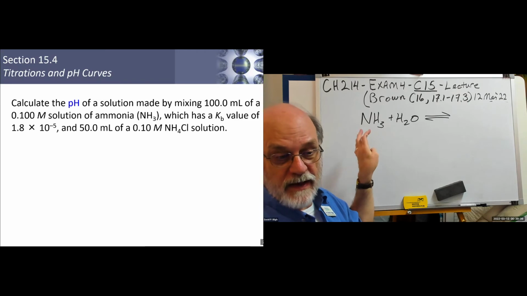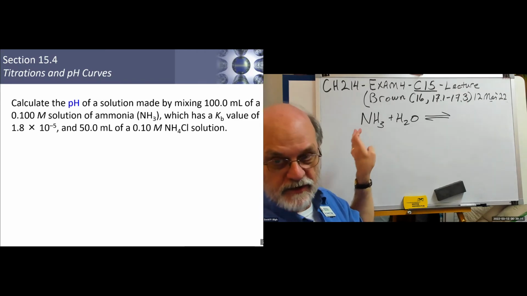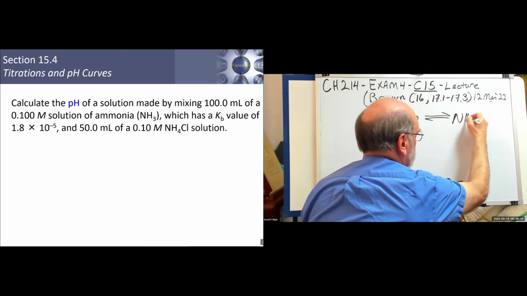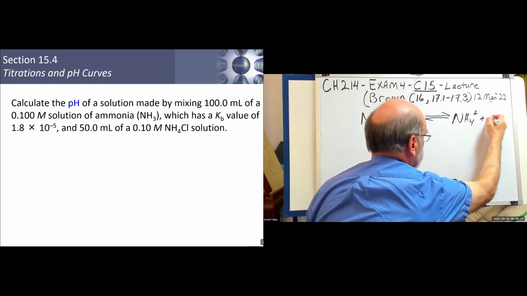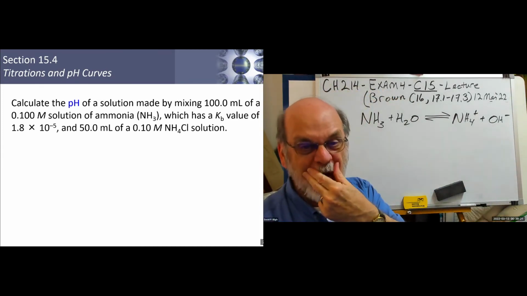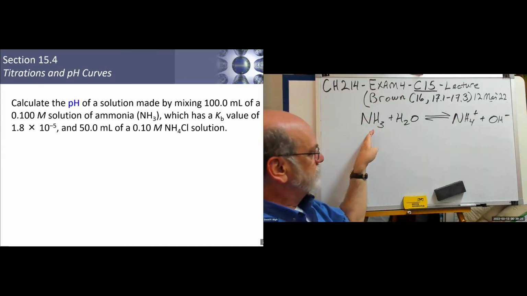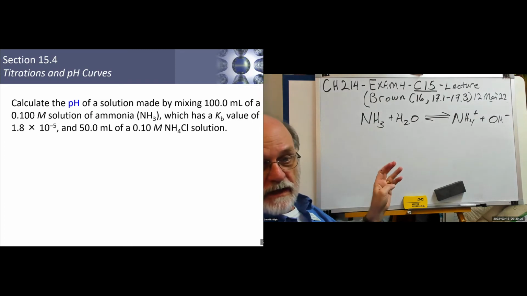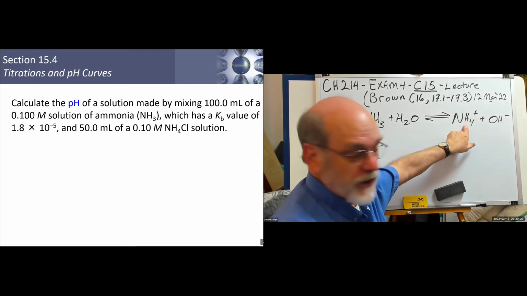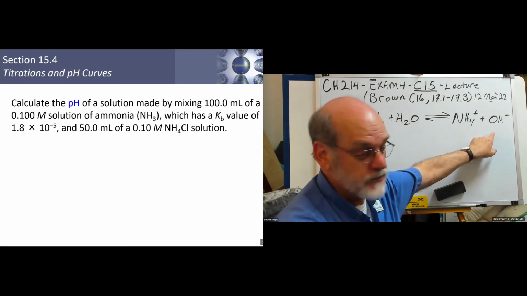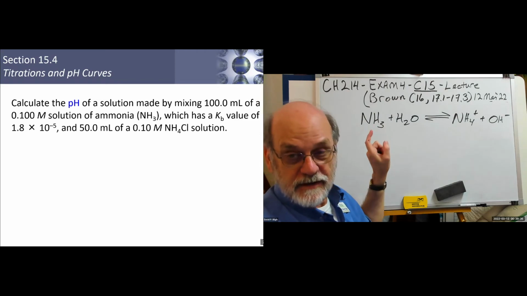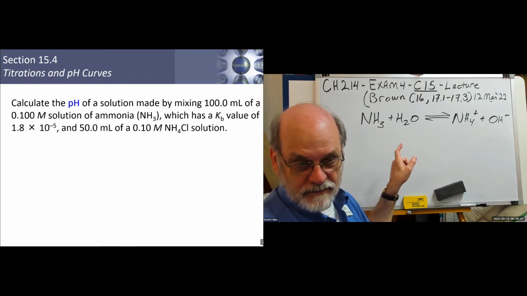So we're setting up a Kb situation here. So now you're going to have this one plus this one. And the Kb for that situation is 1.8 times 10 to the minus 5. So we'd say that this concentration times that concentration divided by this concentration is equal to the Kb value.